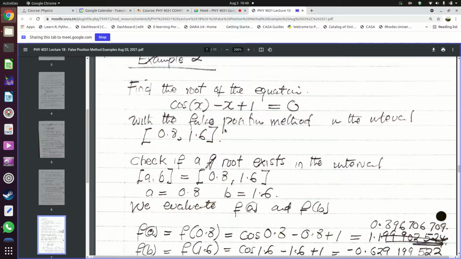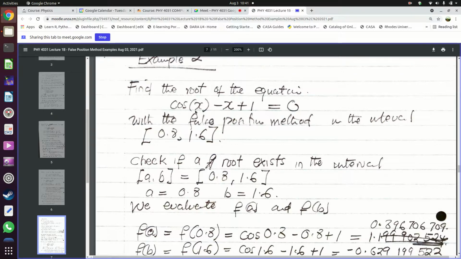The other thing I want to point out here is that we are using a trigonometric function. So if you're using a trigonometric function, then you have to make sure your calculator is set to accept angles in radians.